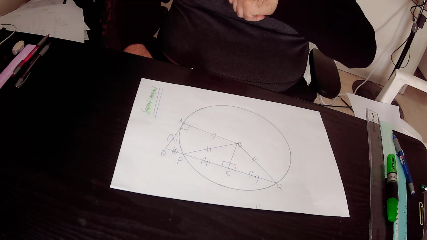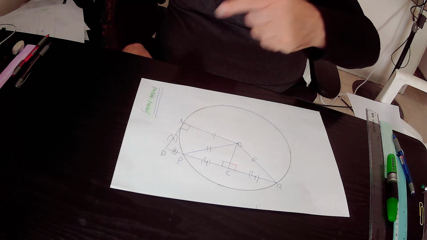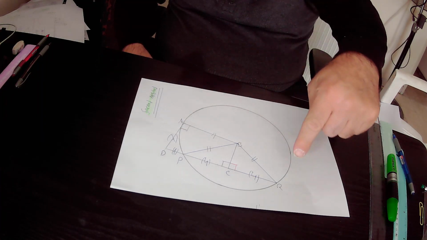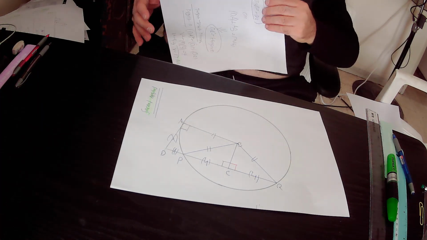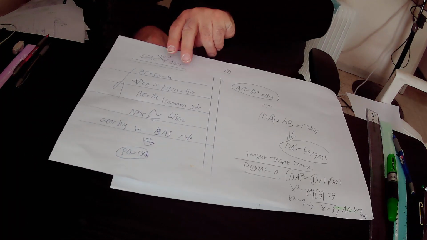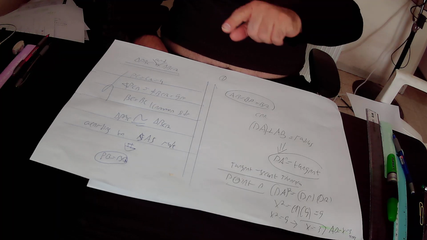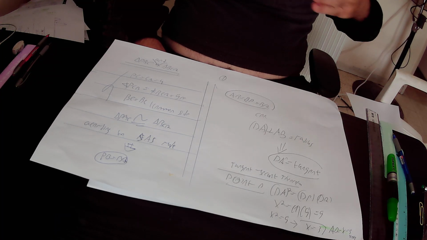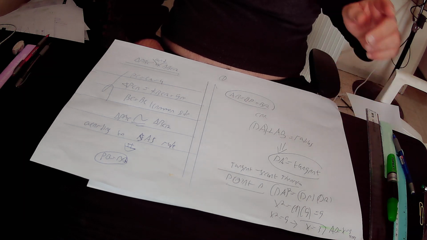According to the theorem, DA squared, that is the length of the tangent squared, equals DP times DQ.